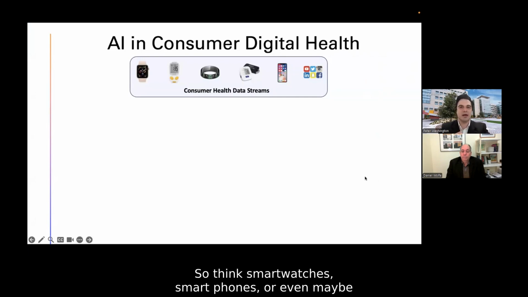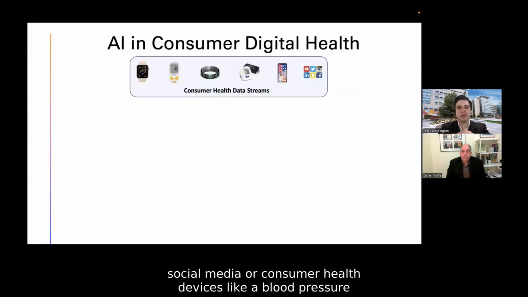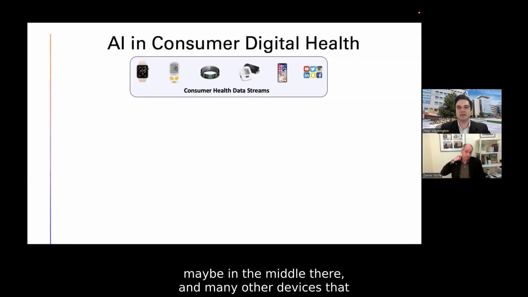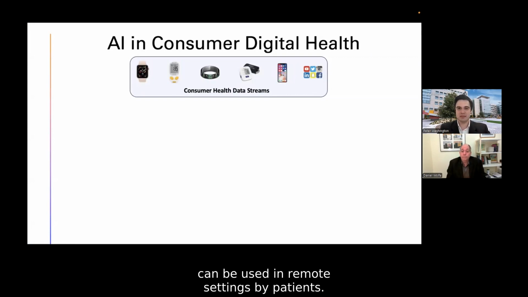So think smartwatches, smartphones, or even maybe social media, or consumer health devices like a blood pressure monitor, a continuous glucose monitor, or a ring, maybe kind of in the middle there. And many other devices that can be used in remote settings by patients.